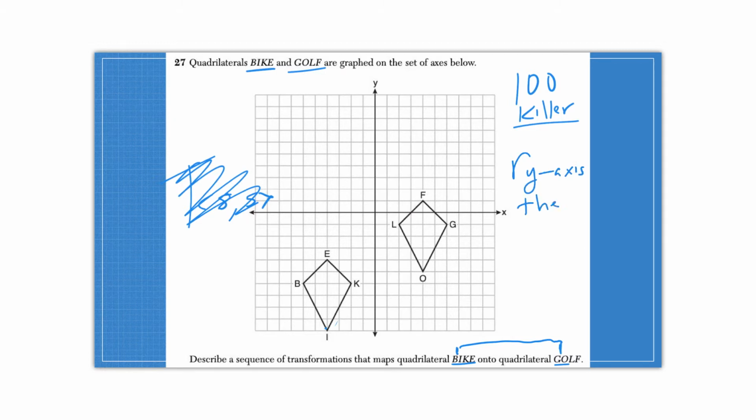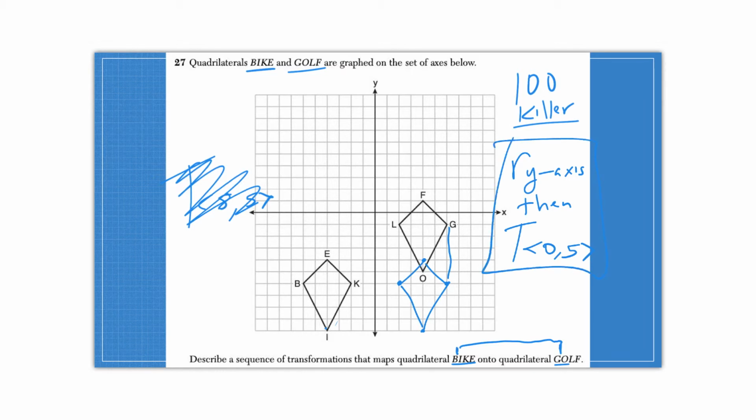Once we've reflected it across the y-axis so that our shape is like this, from there we're going to translate it. We want to translate it up 5 units. So the x stays the same and the y is up 5. And that would be our full answer there.